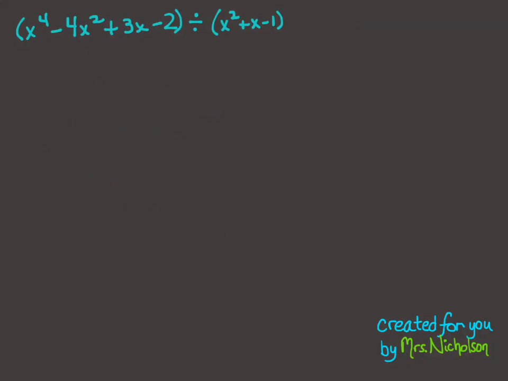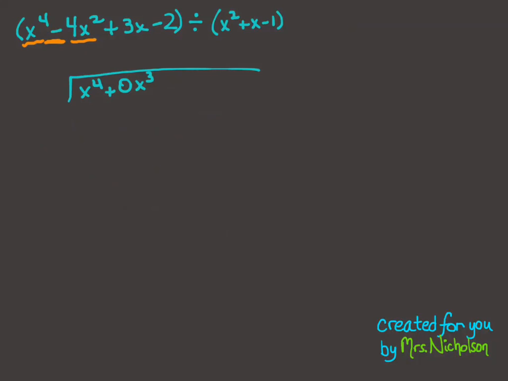I also want you to notice in the first polynomial that we're given, I start out with x to the fourth, and then it jumps to x squared. Here in between, there's no x cubed term. So when I rewrite this under my long division symbol, x to the fourth, I need to add in here a plus 0x cubed as a placeholder, because I could have x cubes that I need to think about while I work this problem.